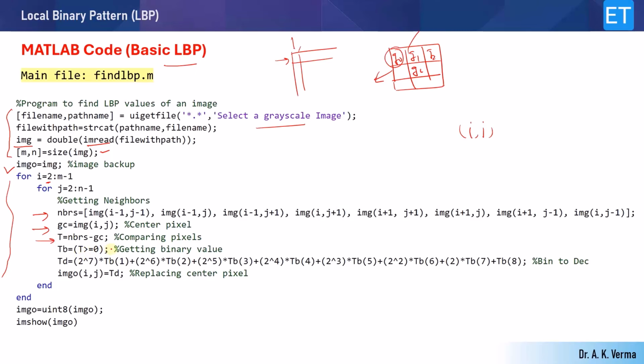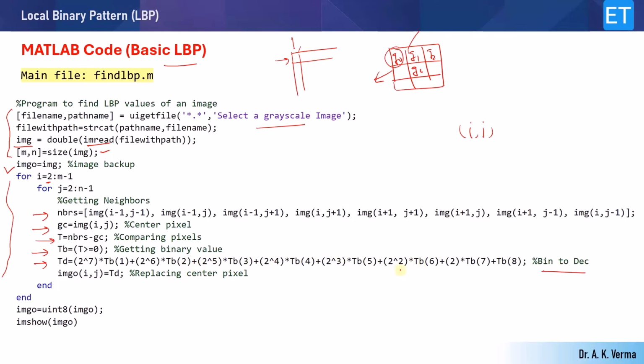Then converting that difference into the equivalent binary. When T is greater than or equal to 0, all positive or zero values become 1, and all negatives become 0. So TB carries that binary representation. Then I am converting that binary into the decimal equivalent: 2 power 7 into the first value, then 2 power 6 into the second value, like that.